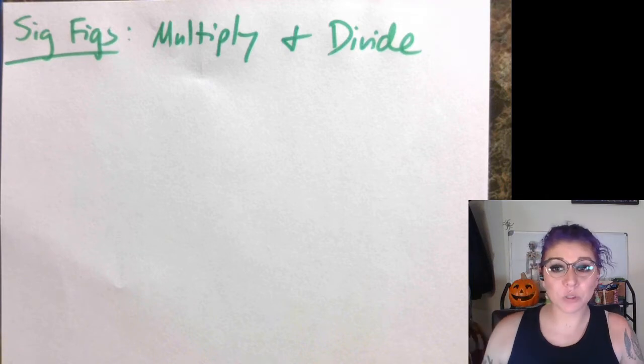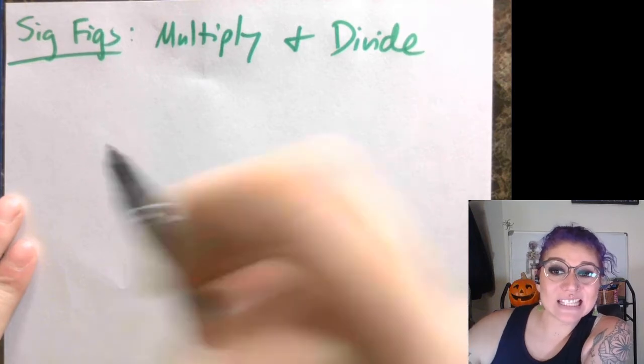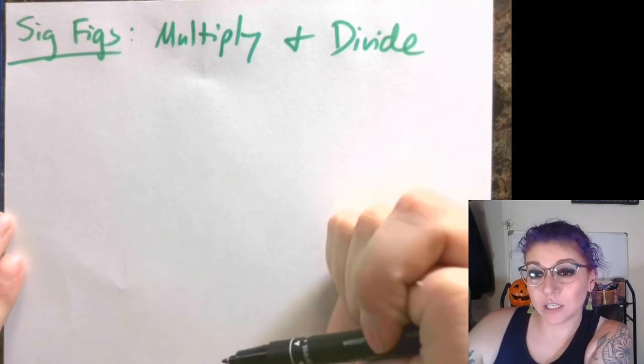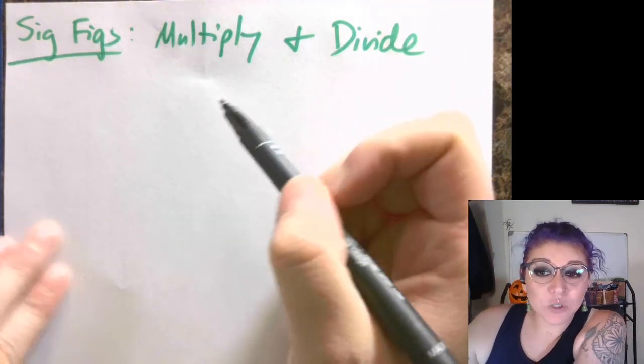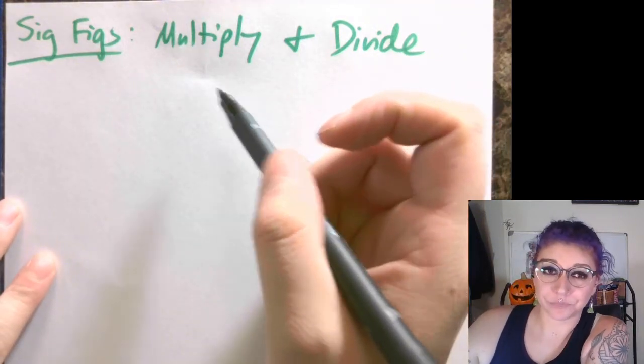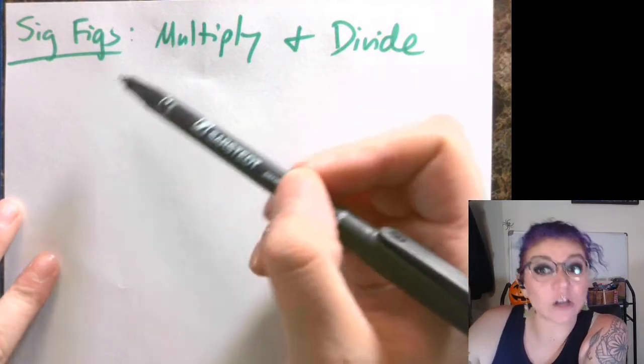Let's look at multiplying and dividing significant figures now. So whereas in addition and subtraction, you looked at the decimal place specifically, in multiplication and division, you're going to count the number of significant figures in your initial numbers.